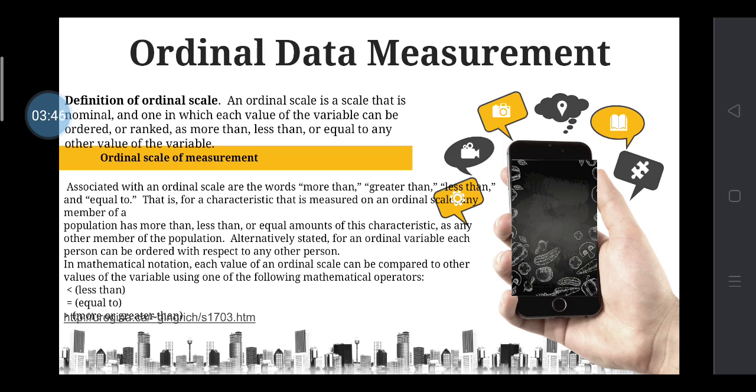Alternatively stated, for an ordinal variable, each person can be ordered with respect to any other person. There are three mathematical notations used to compare each of the data by the following mathematical operators: less than, equal to, or more than.